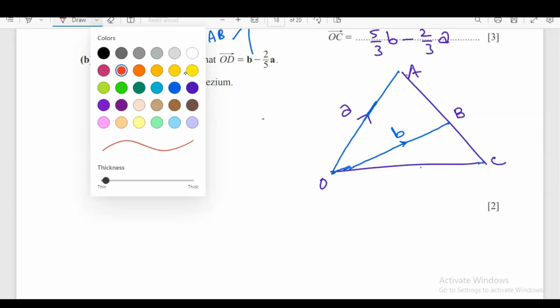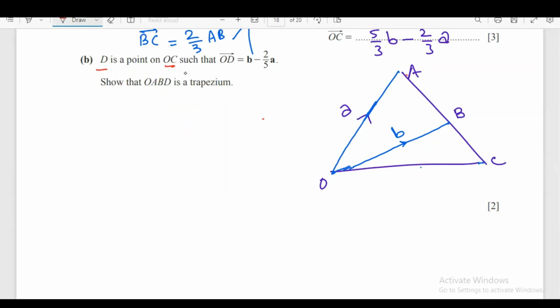Suppose this is the point D here, and the vector OD is b minus 2/5 a. And we have to show that OABD is a trapezium.